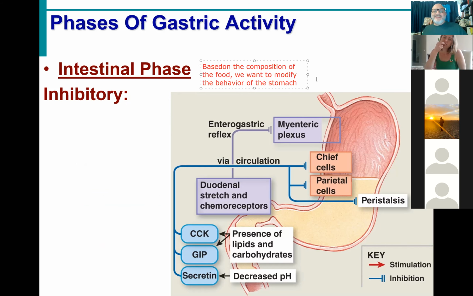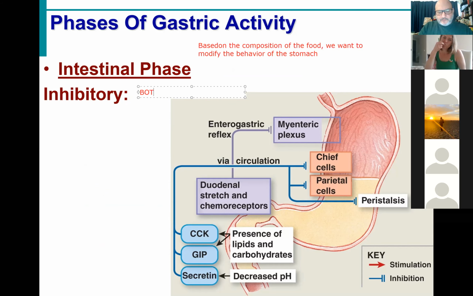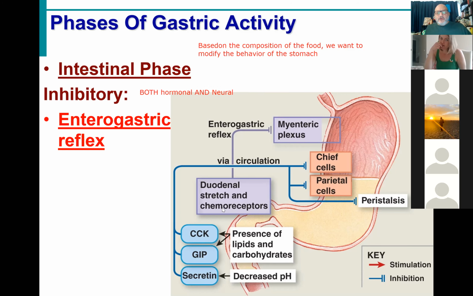And so this inhibitory component of the intestinal phase is both hormonal and neural. Notice we see the enterogastric reflex.